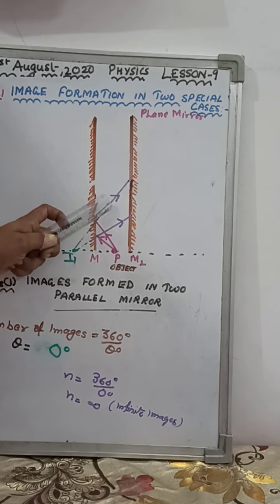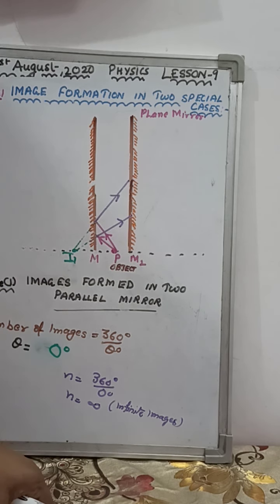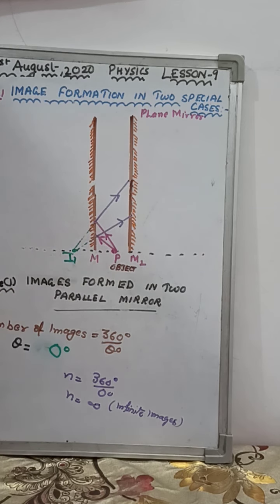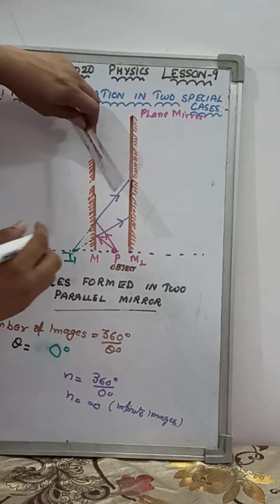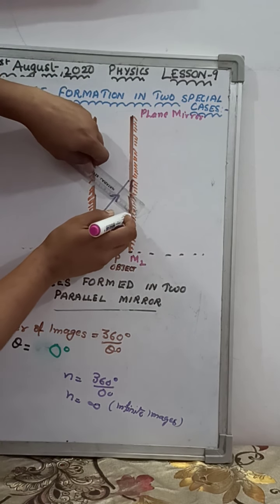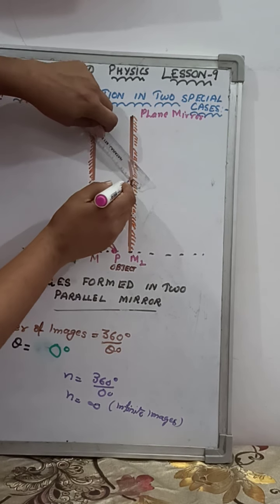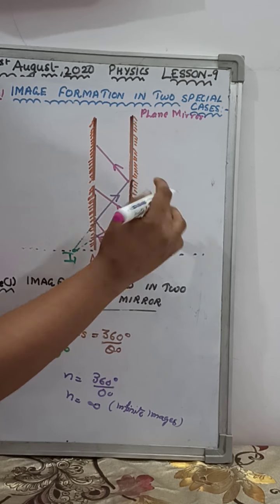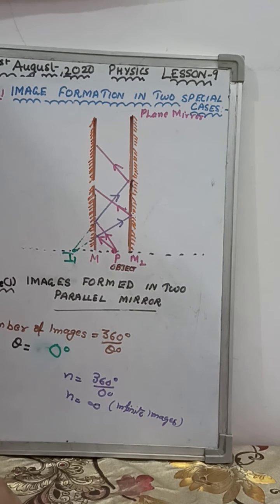Now this reflected ray falling on mirror M1 will be the incident ray for M1. After striking, it will reflect. This will be your reflected ray for the mirror M1. Again these two are diverging rays.